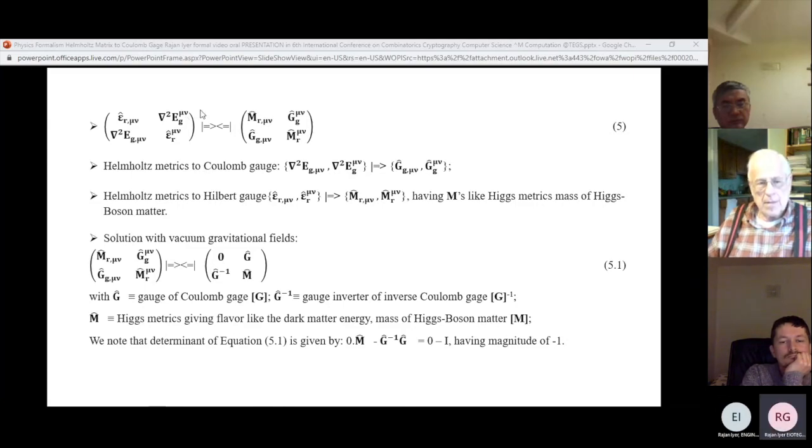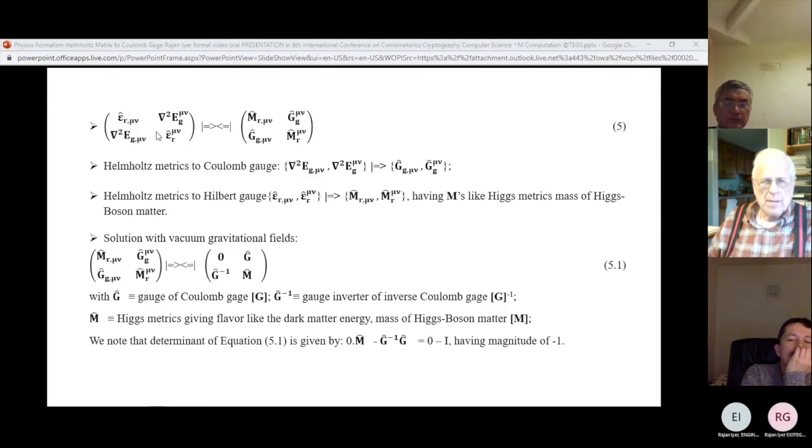So essentially, we have gauged the energy and the field. Now we can gauge that energy and the field to the Coulomb gauge as well as the Hilbert gauge. So this del square E_G will be gauged to the Coulomb gauge. So that is the G subscript G superscript mu nu, and the one for the point field energy, zero point field energy, gauges to the Coulomb gauge with the subscript mu nu.